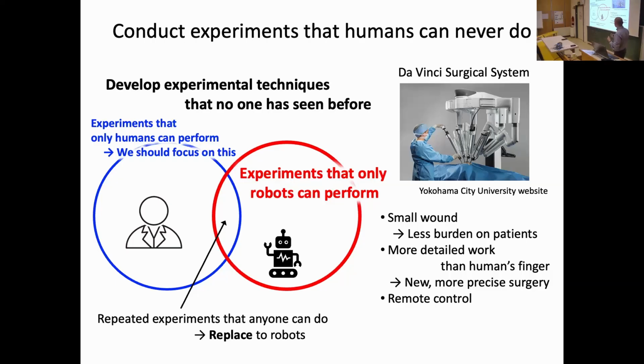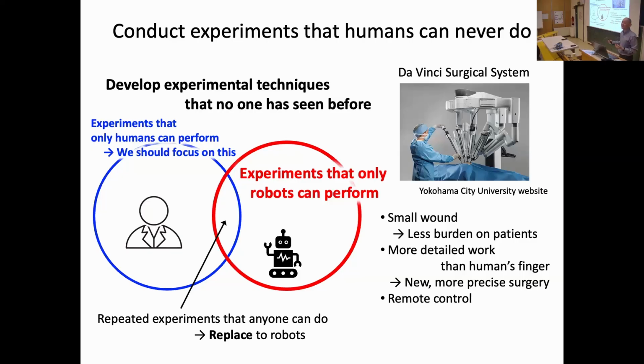So less burden on patients, small wound. This human can never do. Also more detailed work: humans' fingers always vibrate, so they cannot do very fine work, but robots' fingers don't vibrate. They can do more precise surgery. So this human can never do.